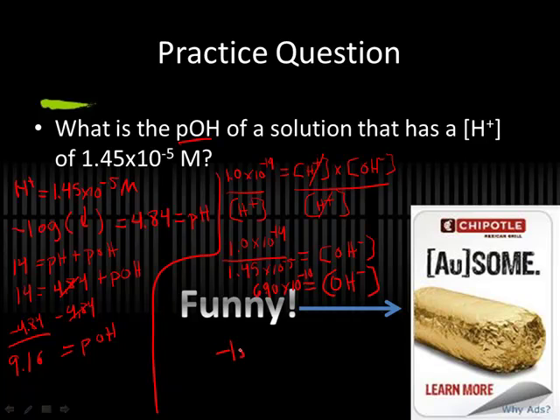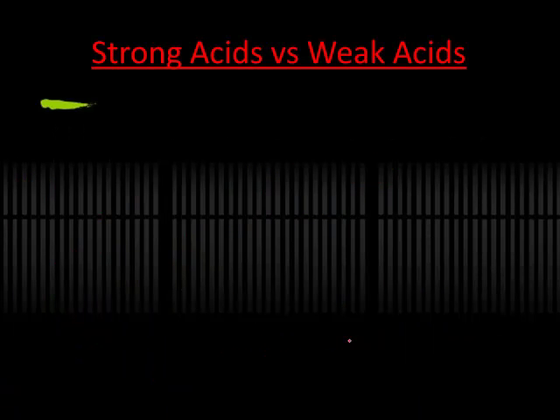So we can take the negative log of our OH minus concentration to get our pOH. So negative log 6.90 times 10 to the negative 10th gets us, hey, what do you know? 9.16 for the pOH. The same as the other way. Doesn't matter which way you go. Either way on the treasure map, as long as you start where they give you and you end with what they want, you will have the same answer and it'll be correct. Alright, then the second part.